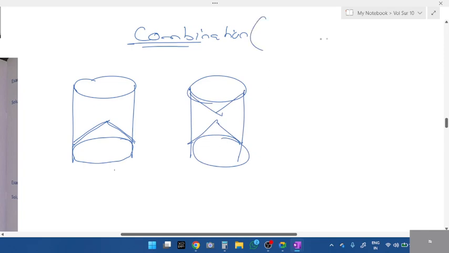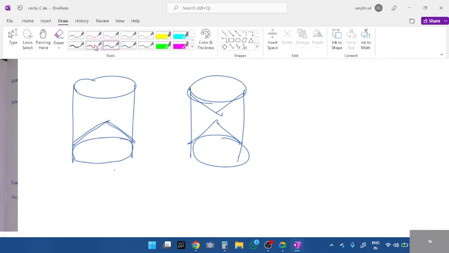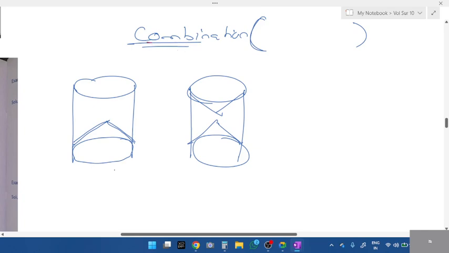Whenever a combination question or any question is given, remember, what is this chapter's name? Volume and surface area. So one common point for all the solids is volume. Total surface area will vary.